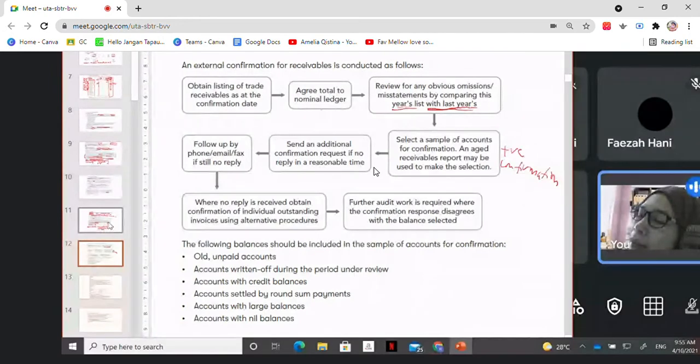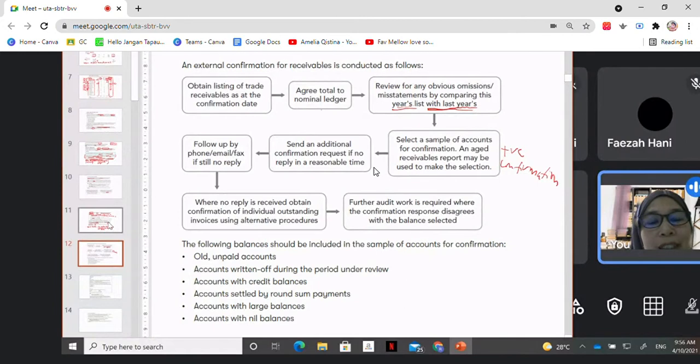Siapa nak jawab ni? Siapa yang dah tahu jawab? Okay, Fatin? Right, Fatin? So I decide to send a positive confirmation.